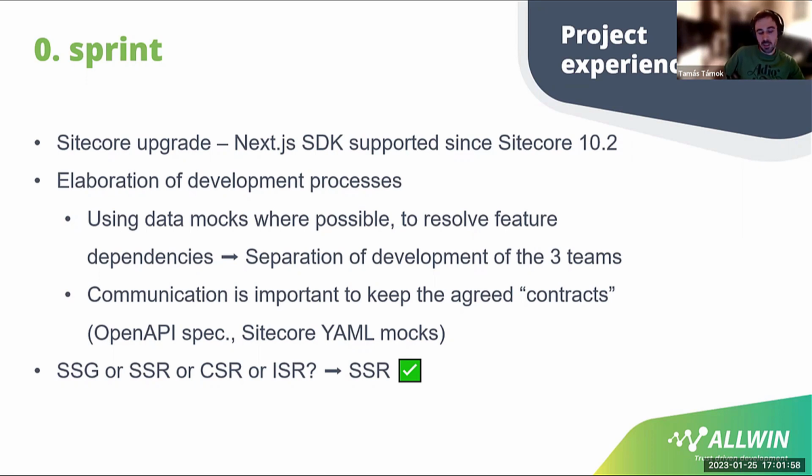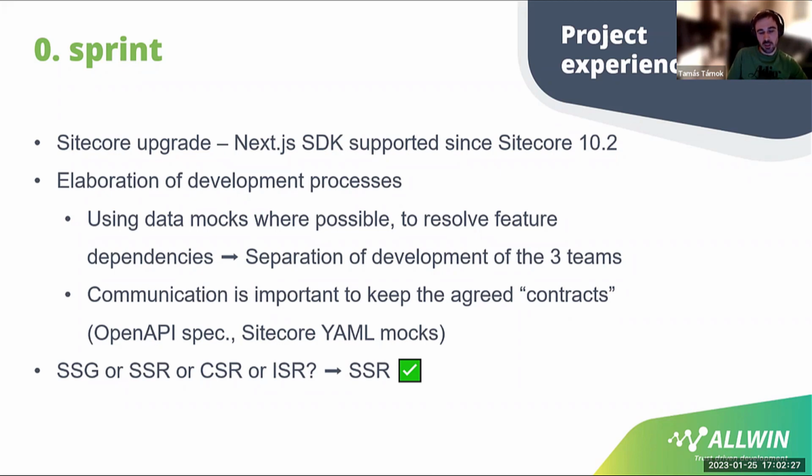And at that time, the front-end developer was already doing their own work, but with YAMLs. And of course we had to help them a little bit because they were not familiar with Sitecore that much. So sometimes we just jumped in and changed those Sitecore YAML mocks.